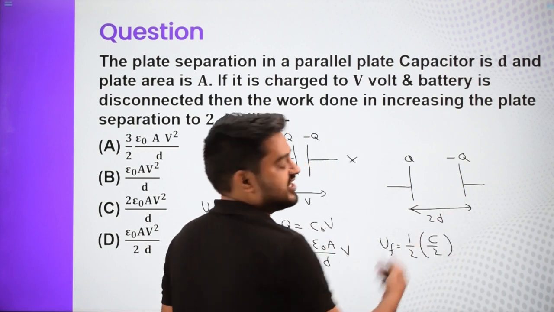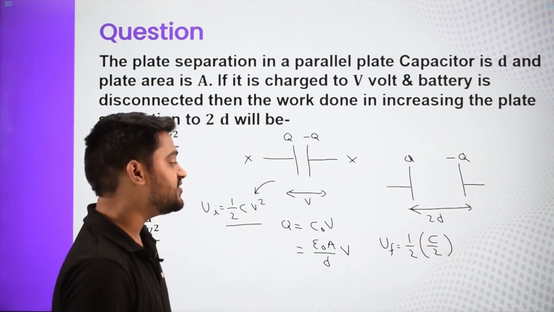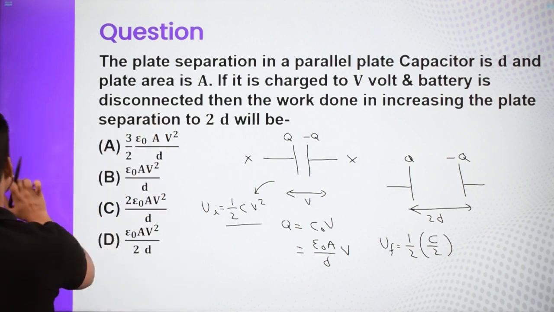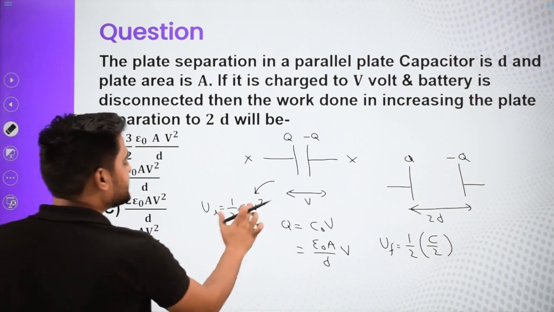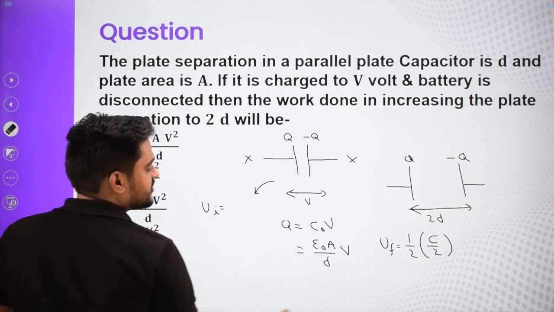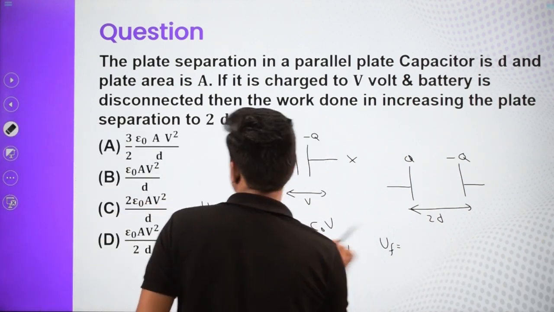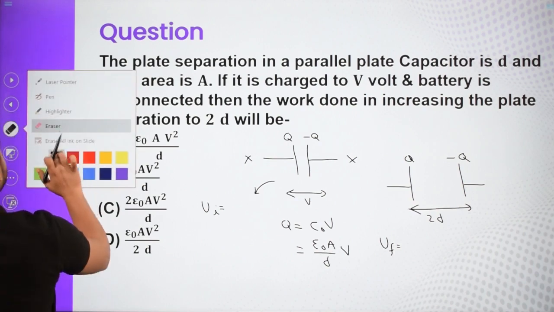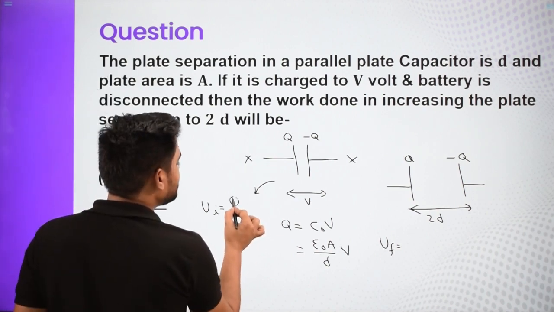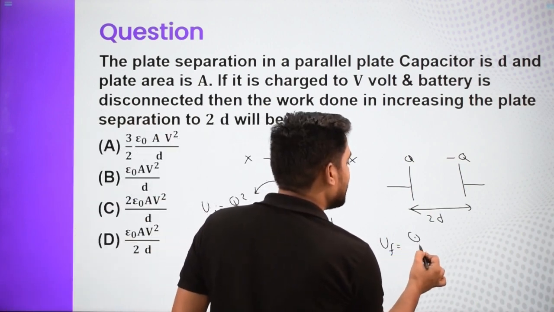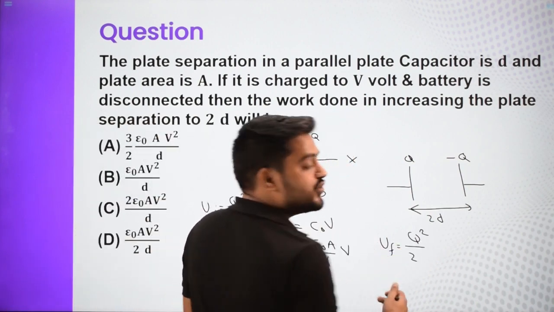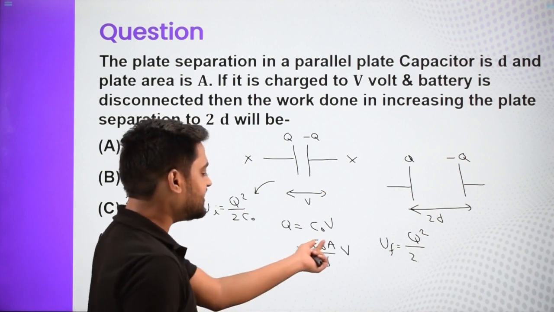What about the potential? The potential is also changing. So it is better that we use the formula Q square by 2C, because we know that it is the charge which is remaining the same, right? So I am going to use the formula Q square by 2C rather than this, so that there is lesser confusion. So this is Q square by 2C naught. And this is again Q square by 2 and the new capacitance, which is basically C naught by 2.